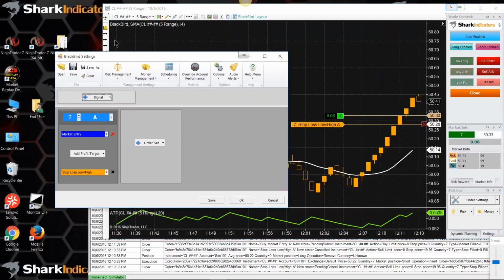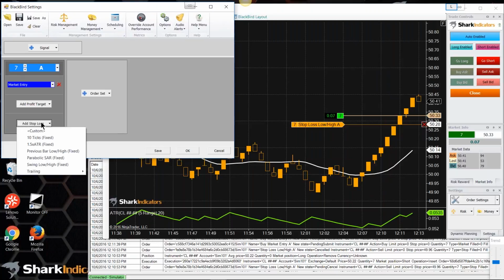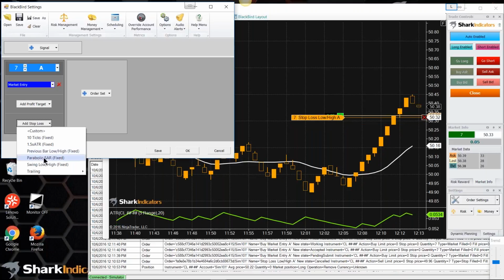All right, let's keep moving on here. So we saw an example of using bar prices to set our stop loss. Now the next one is an example of using an indicator.